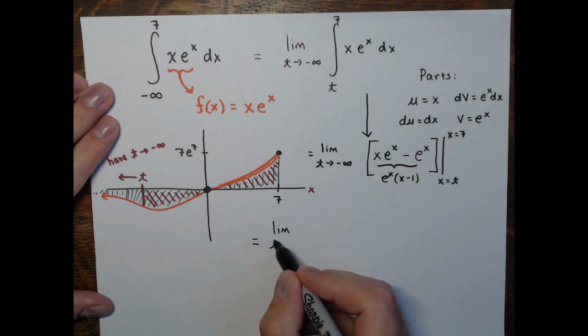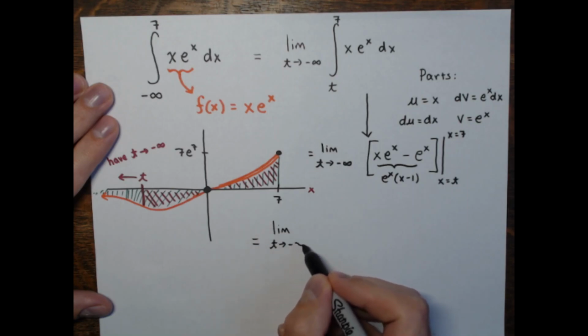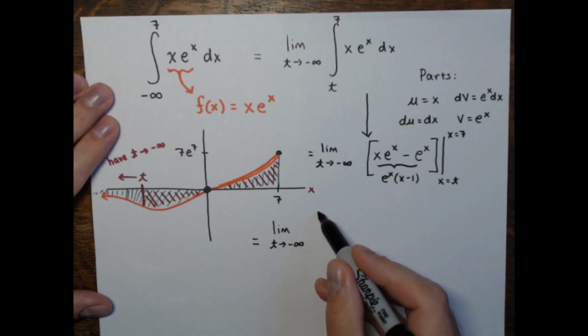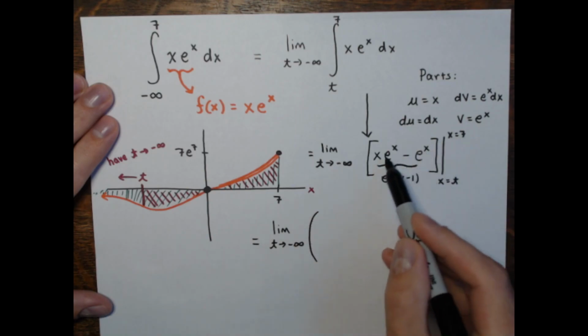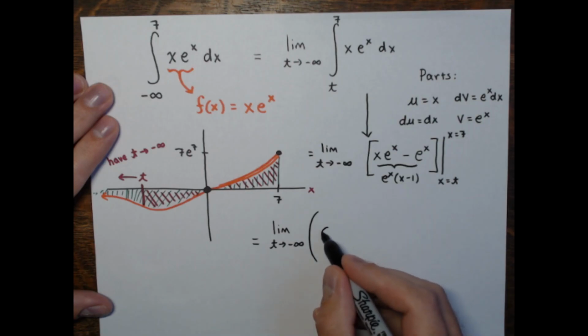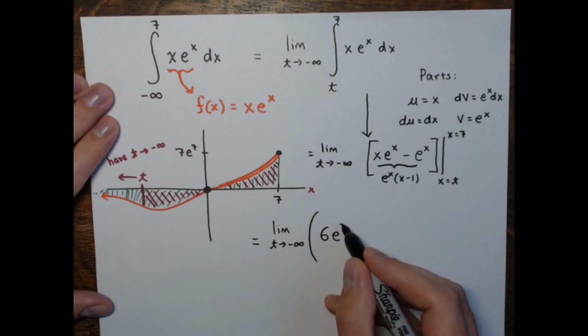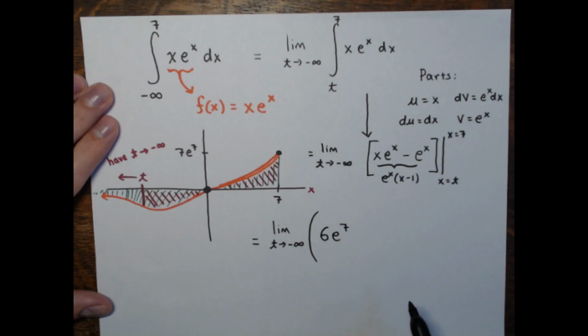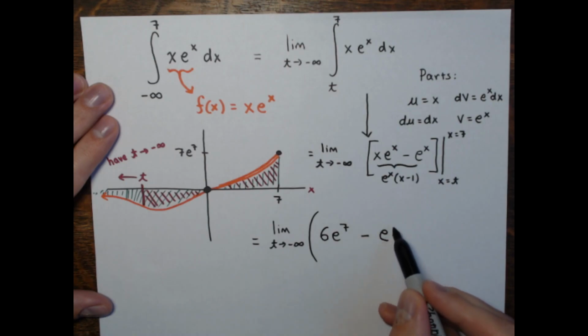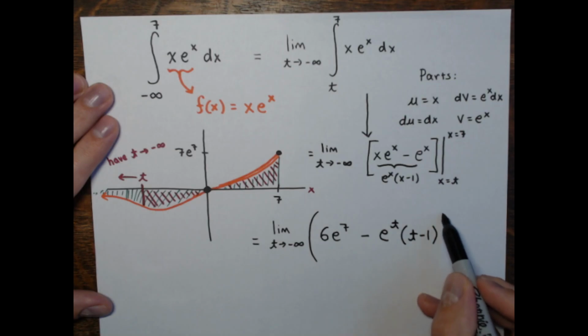This is the limit as t approaches negative infinity of, when I plug in 7, we'd have e to the 7th times 6, so 6 e to the 7th. That's what I get when I plug in 7 for x, and then minus, when I plug in t, you get e to the t times t minus 1.